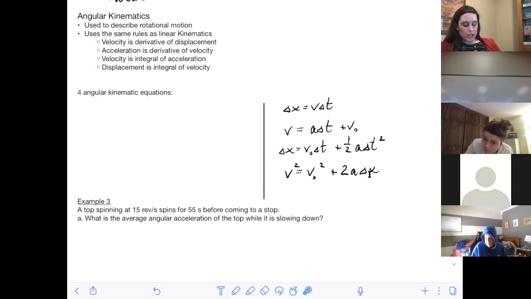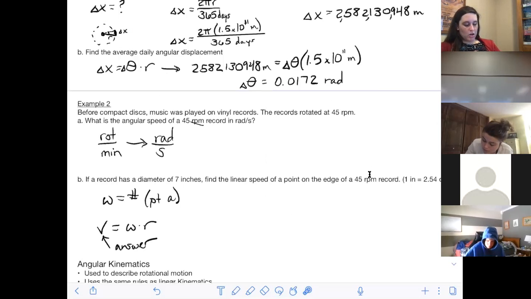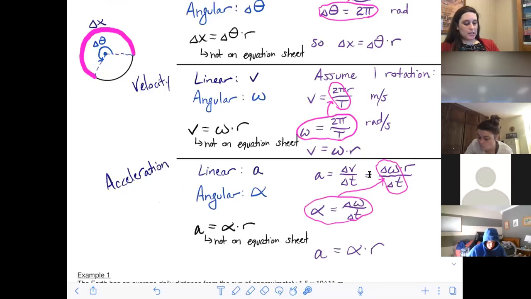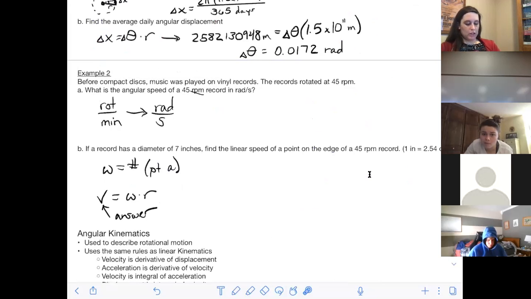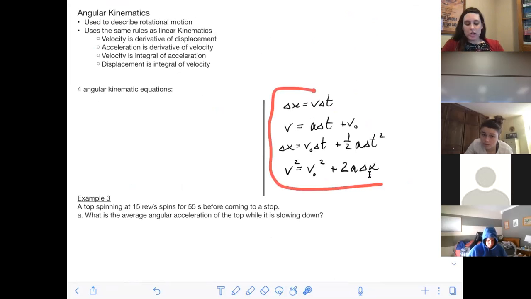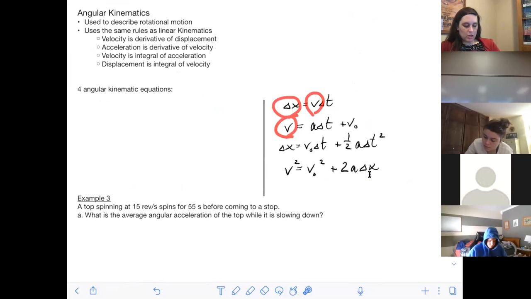Now, because we know that linear quantities can directly correlate to angular quantities, what we could do is take these definitions and substitute them into our linear kinematic equations. And what you would find is that with every substitution, you had to multiply by r. And with every substitution multiplying by r, it means that all those r's end up canceling out.